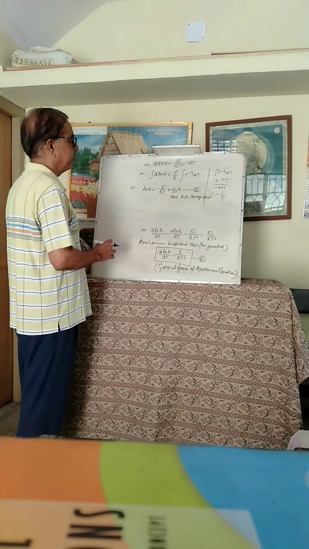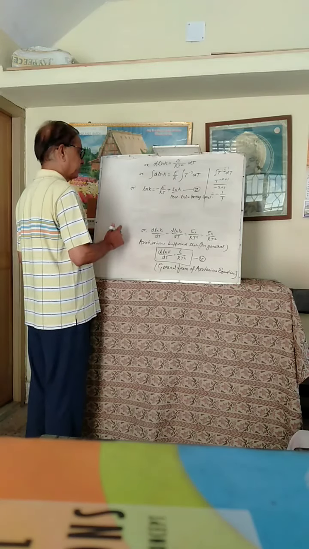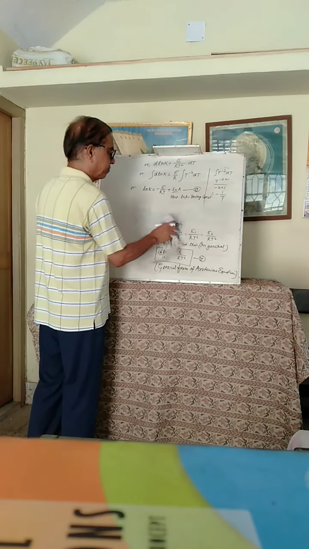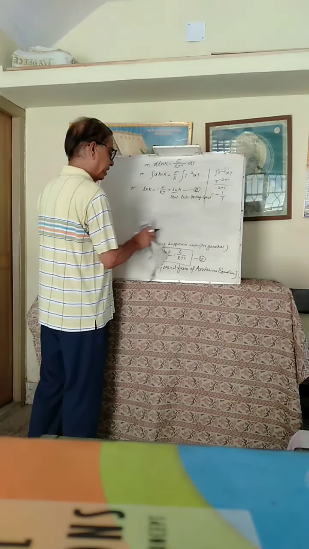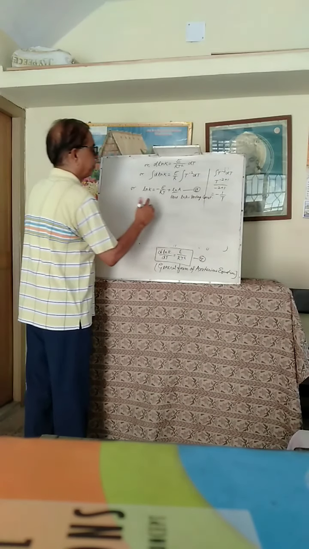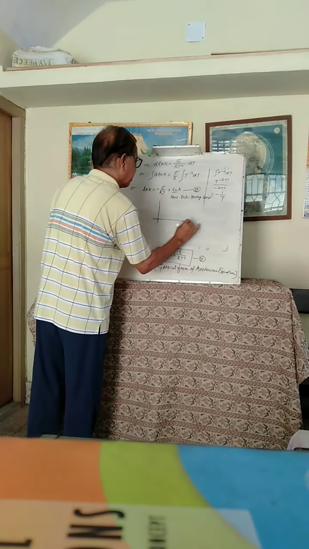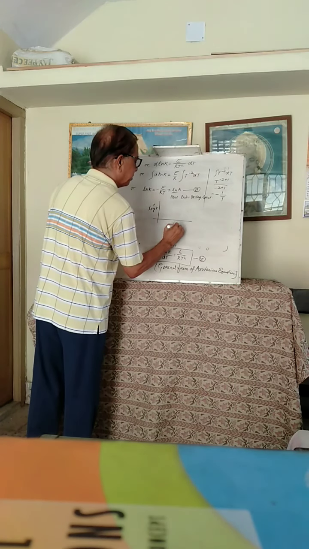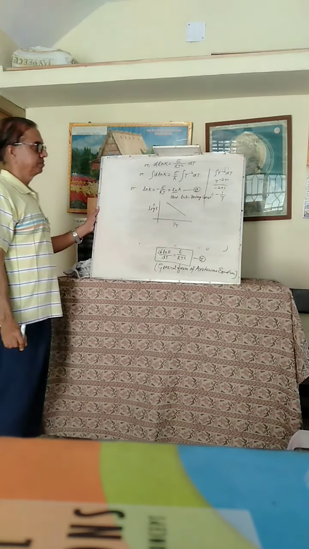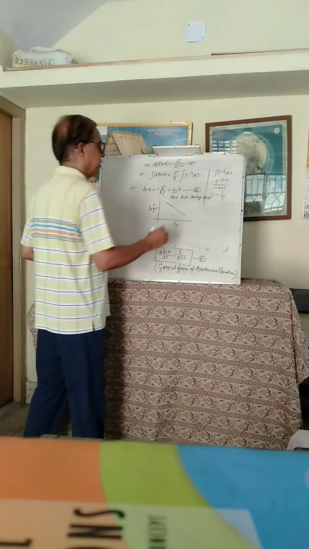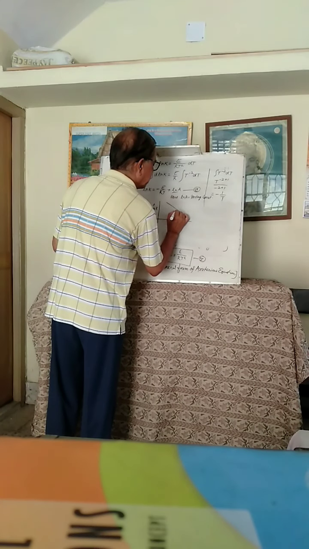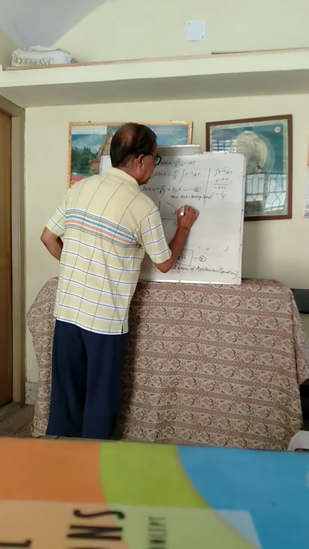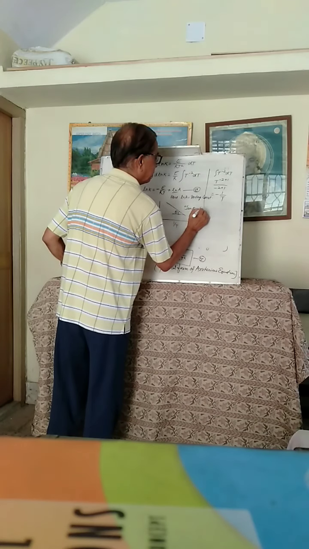Now, if we plot a graph between log k and 1 by t, what will happen? The graph will be like this, and the slope of the graph, that is the angle which the graph makes with the horizontal, is tan theta.